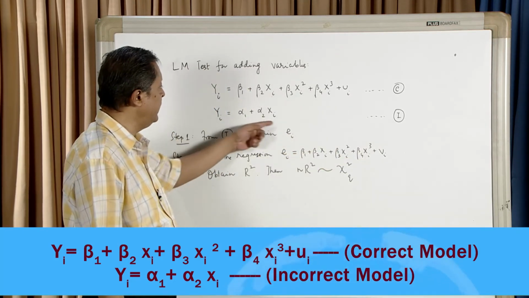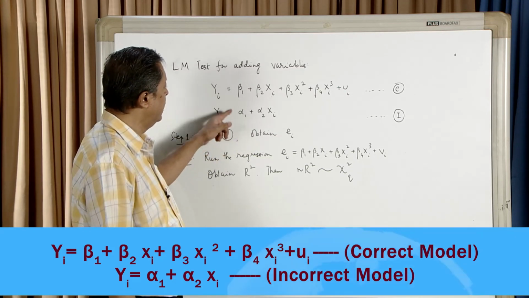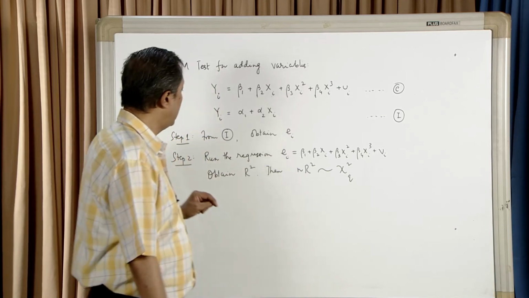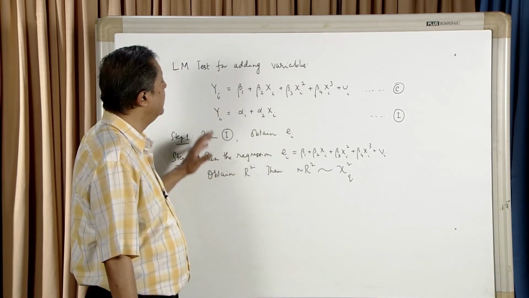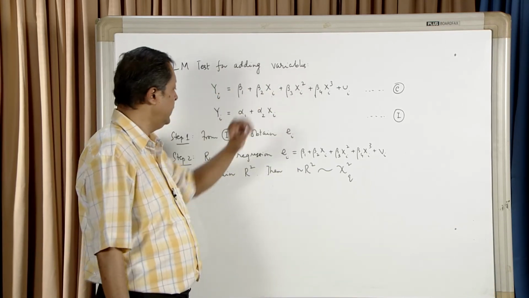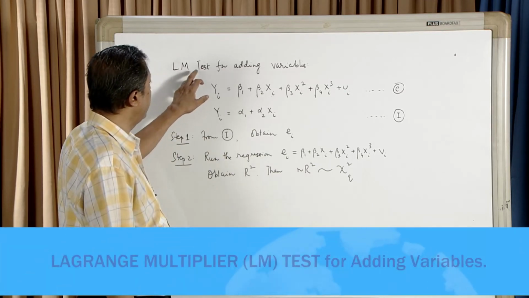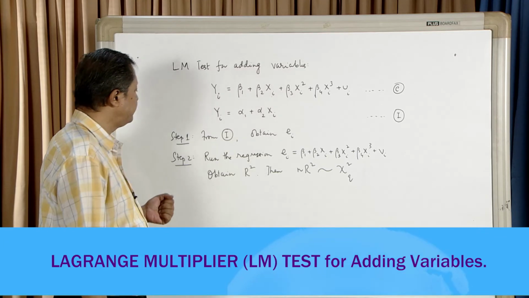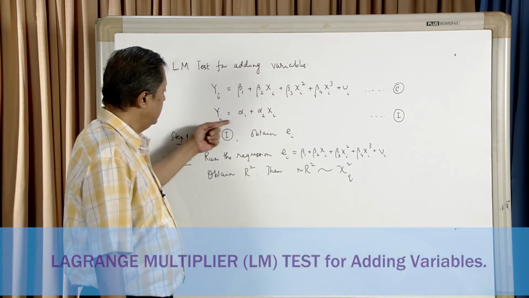So, this is a linear model which is incorrectly fitted in the case where the true model or correct model is a cubic model. So, how do we test whether we have actually left out relevant variables? That is called the Lagrange multiplier test for adding variables. So, the test is very simple. We run the restricted model.